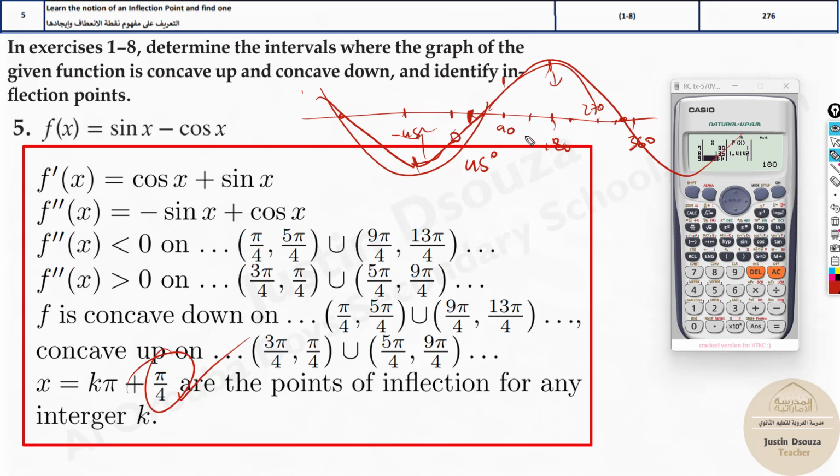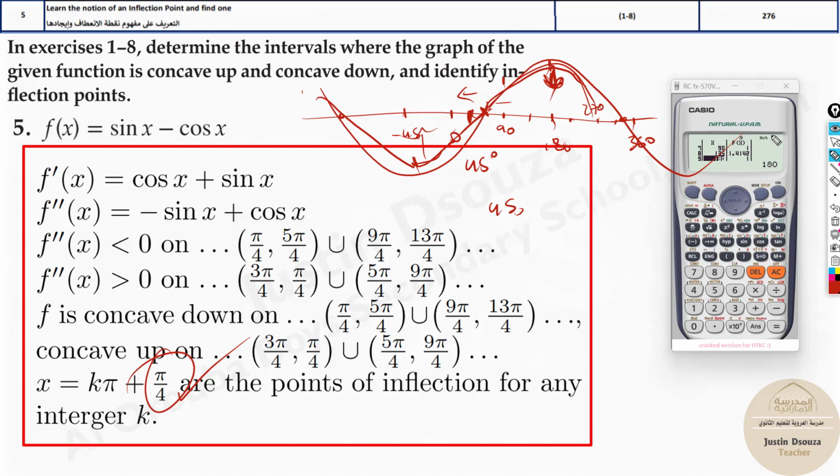Now let us think about where it's concaving up and down. Since this is the inflection point, left of this must be concaving downwards, and right of this must be concaving upwards. We can see from here exactly over here it's concaving downwards. I have not done the graphing properly, but I can tell for sure from 45 degrees until this point.